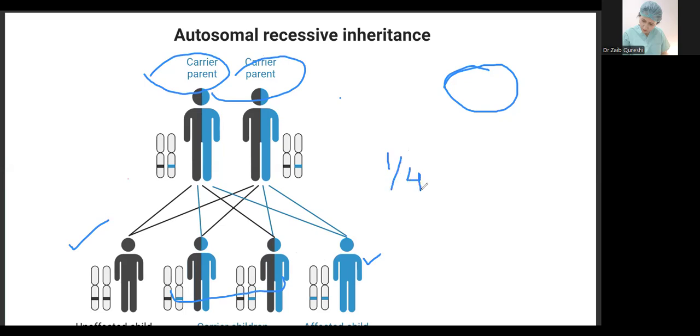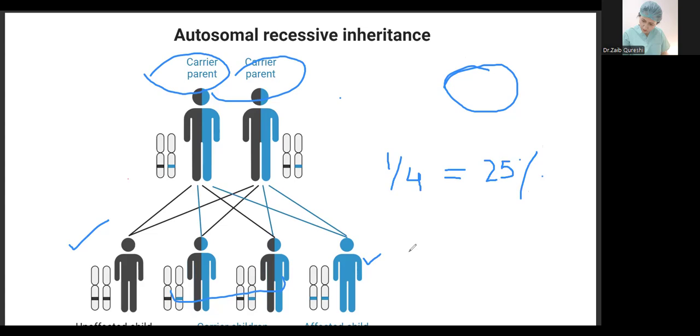Yes, Dr. Misbah, can we write it as 1 by 4? 25%. So there are exam questions, guys, in which they say 1 by 4 chances of having a diseased baby. So this is going to be a true answer.